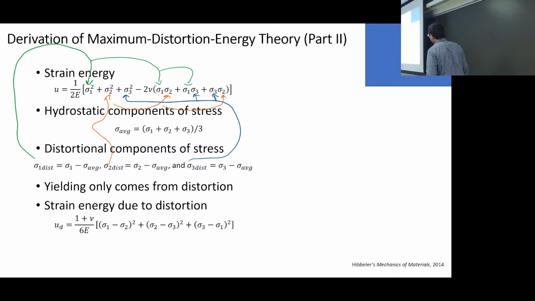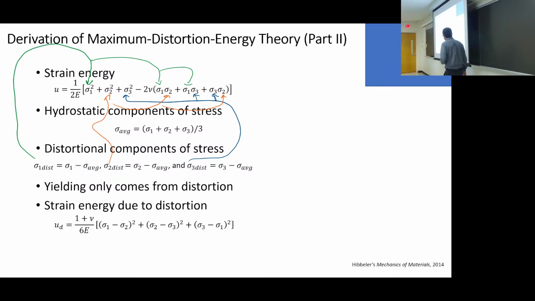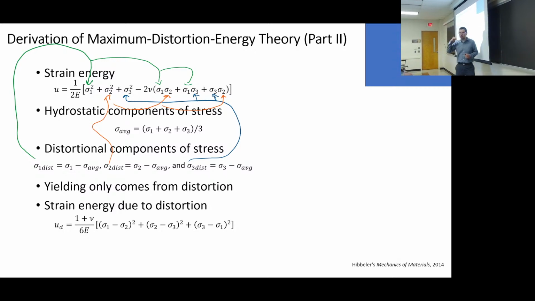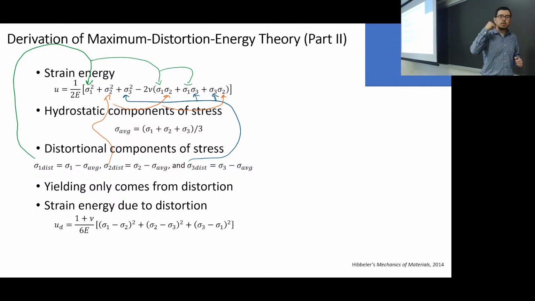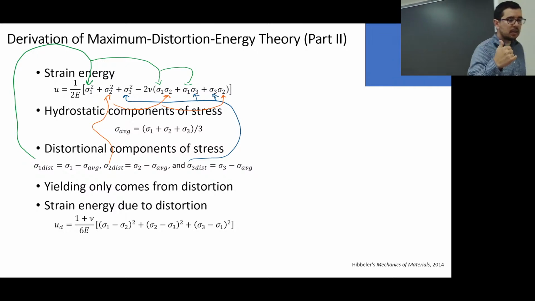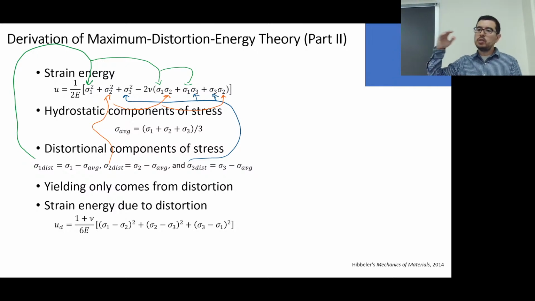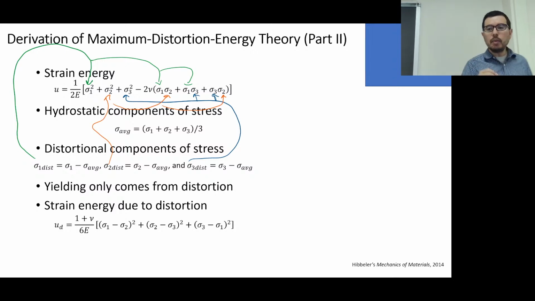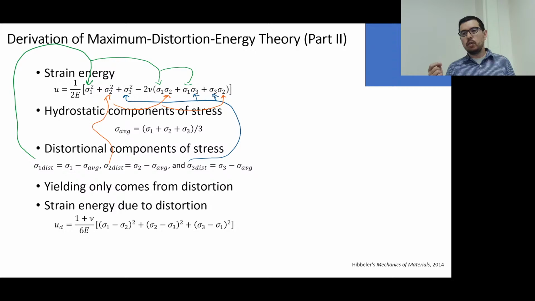And this is really nice: if I know my triaxial state of stress and I plug my sigma 1, sigma 2, and sigma 3 into this formula, I can figure out what the distortional strain energy is. And if I'm above this distortional strain energy threshold, the specific strain energy density with respect to this distortional energy, then I'm going to have failure.